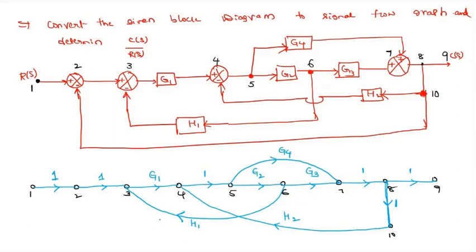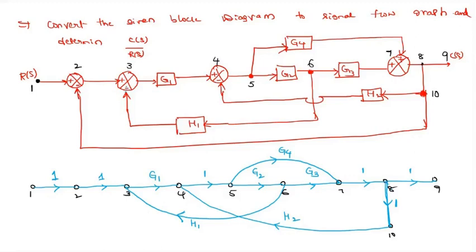Sir, please differentiate positive feedback and negative feedback. Yes, positive feedback and negative feedback: in the summing point, if it is plus, we can identify it as positive feedback. If it is minus, it indicates negative feedback. And how do you identify the feedback?